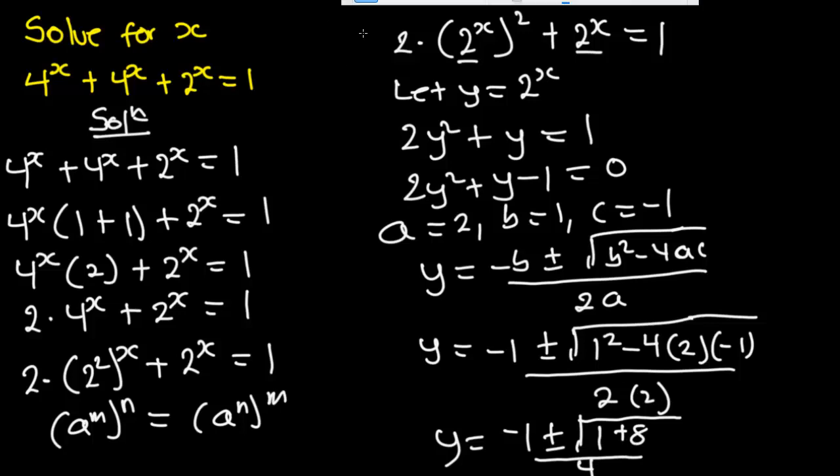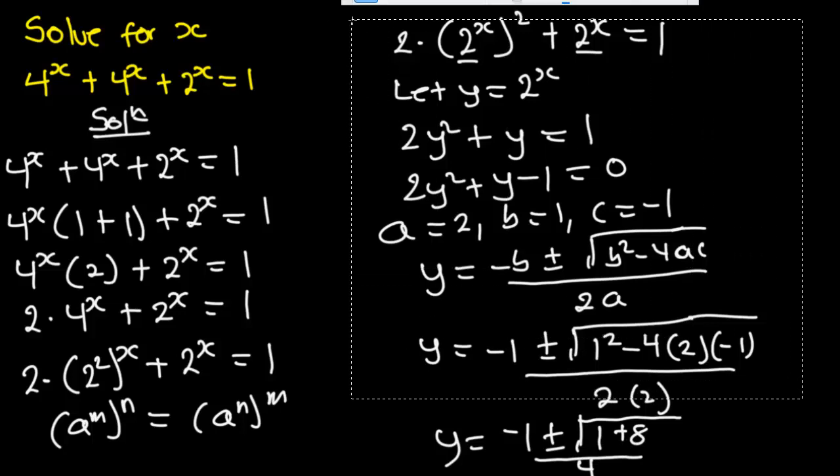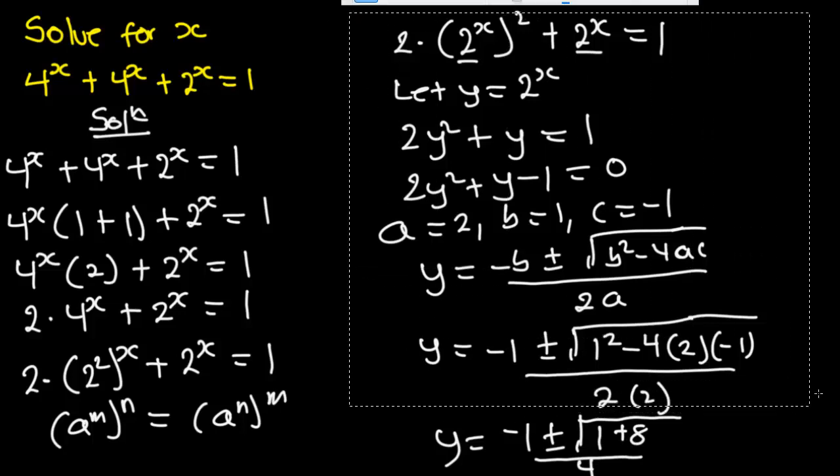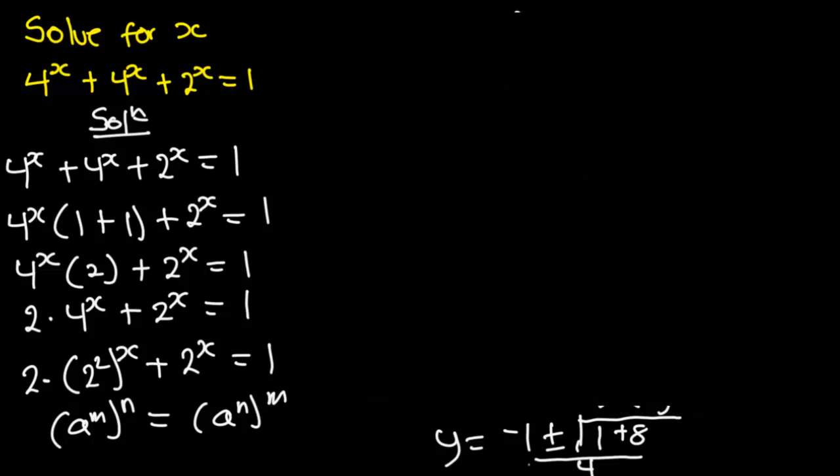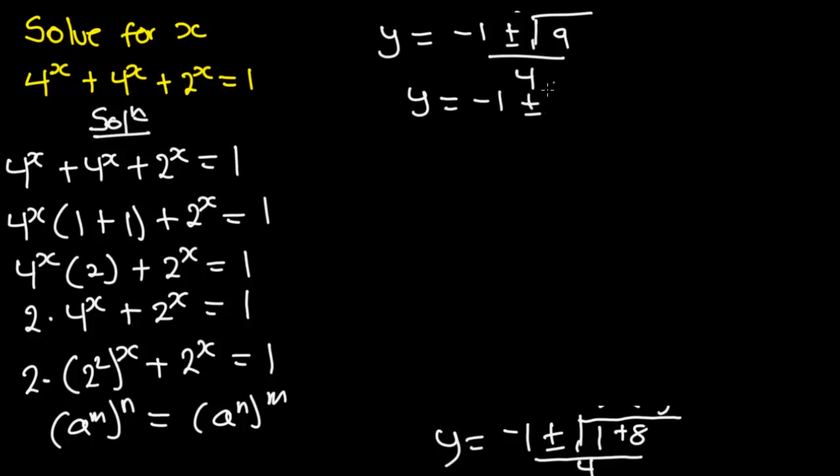Now let's clean this side. From here we have y equal to negative 1 plus or minus the square root of 9, all over 4. And so y is equal to negative 1 plus or minus 3, all over 4.